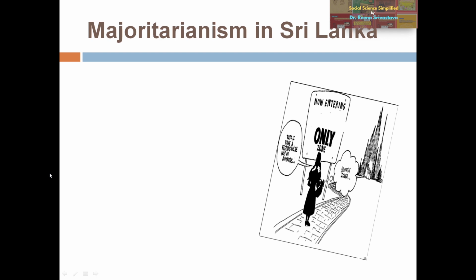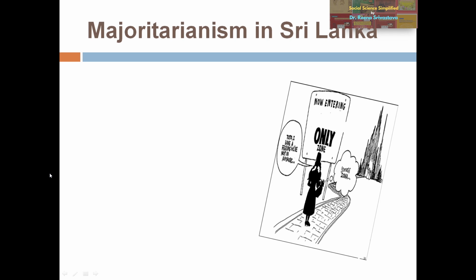Now you know students, majority rule should never be misunderstood with majority domination. Majority rule means you are taking into consideration the concerns of the majority section of the groups, and we're working for the welfare of all. But when the majority starts suppressing the minority, dominating the minority, it is known as majoritarianism.